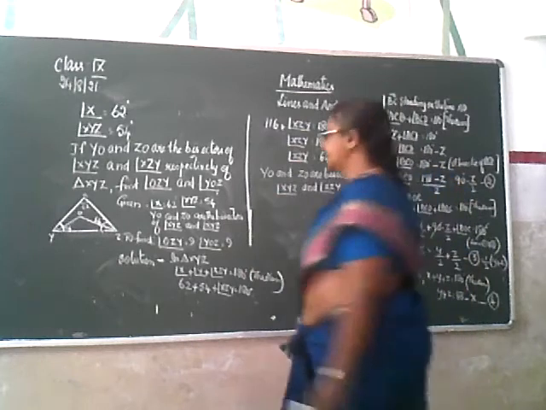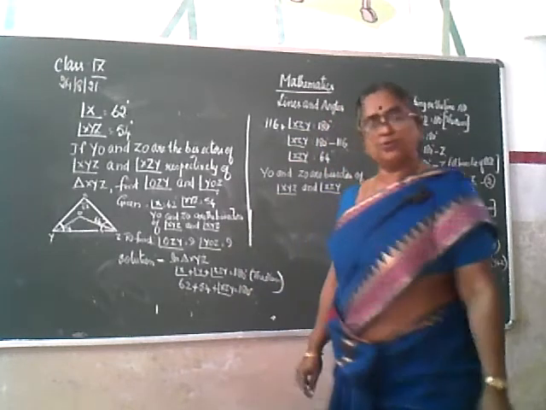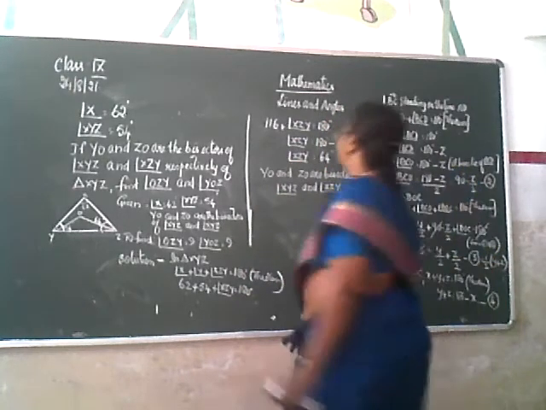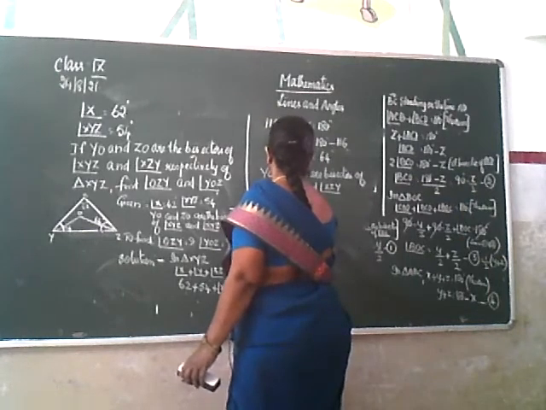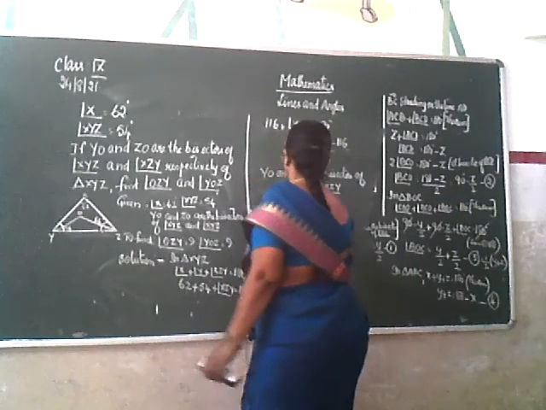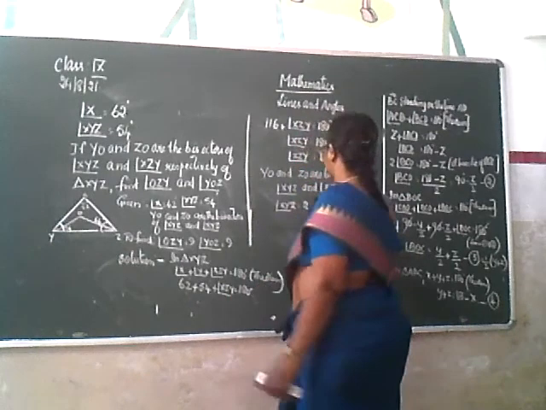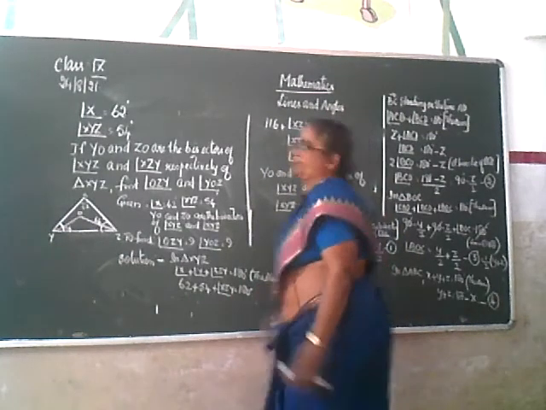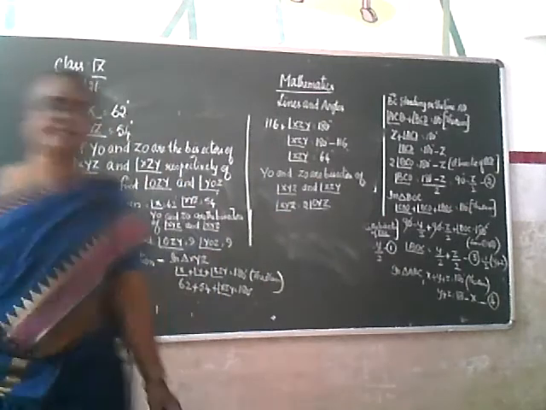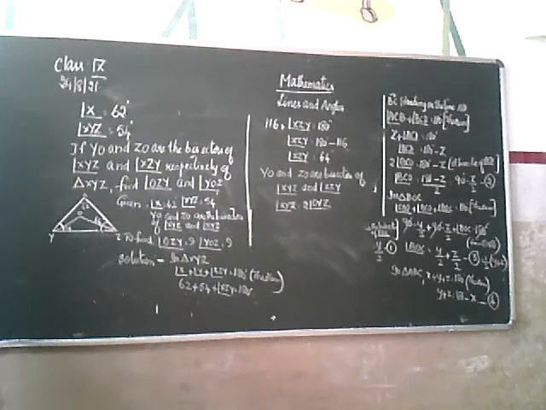So bisector means it divides into two equal parts. So I can write XYZ as 2 times OYZ, because when it bisects it divides into two equal parts.